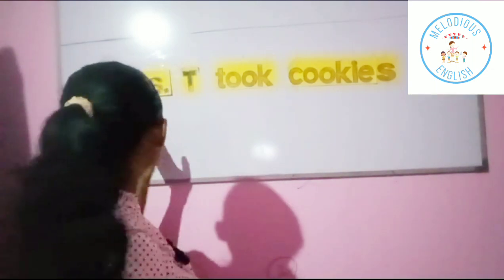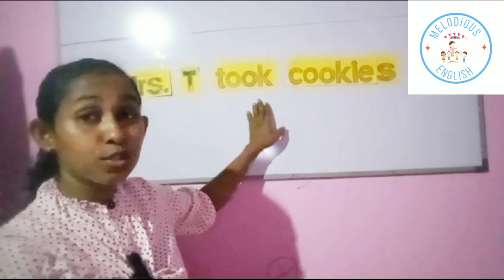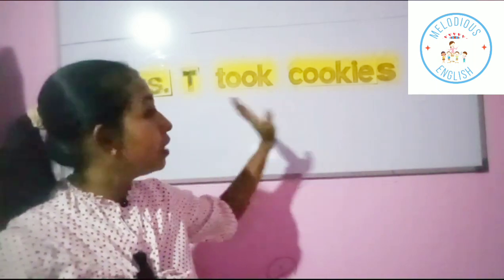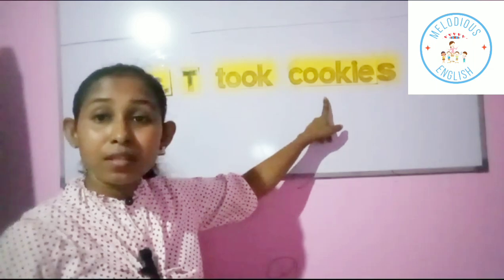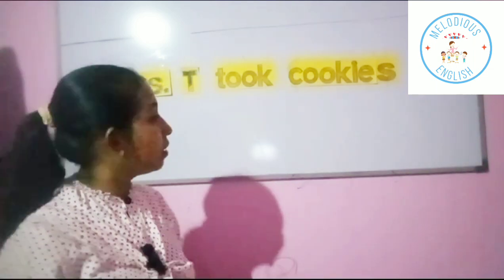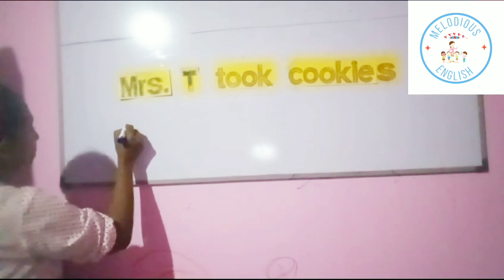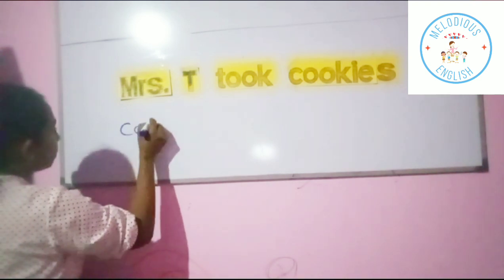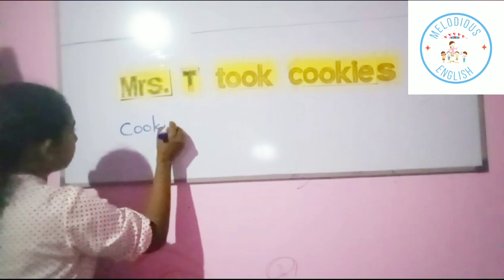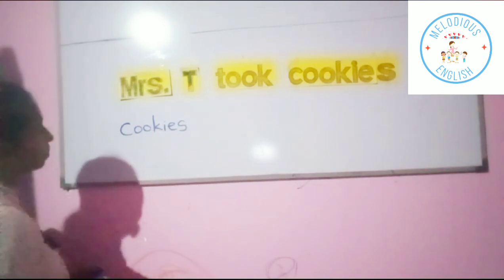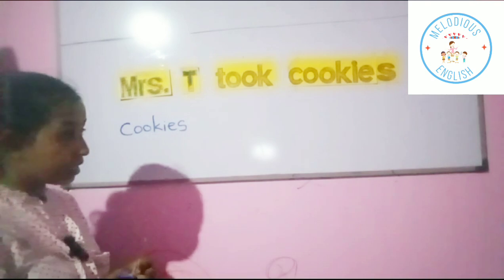Look, here: Mrs. T took cookies. The object is plural here. Now, like before, cookies come here. Then, what is the helping verb?